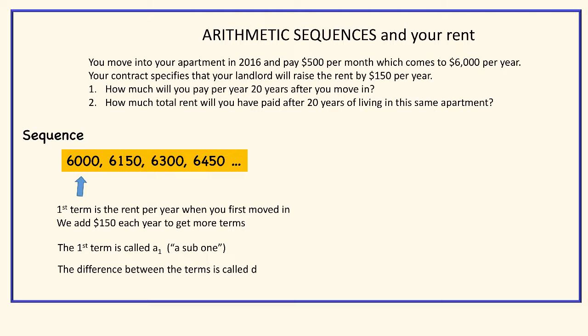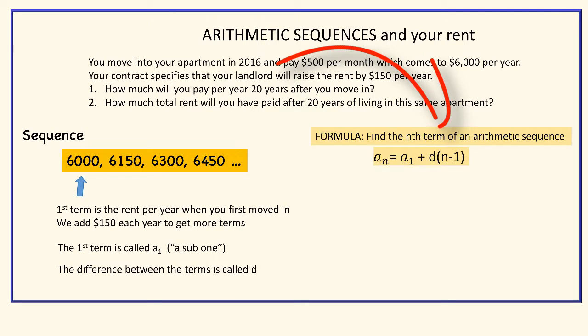We're just going to go up by 150 each year. Now, instead of writing down 20 numbers in the sequence, continually adding 150 each time, we have a handy-dandy formula. This formula allows you to find the nth term, any arbitrary number in your sequence. And this is related to an arithmetic sequence.